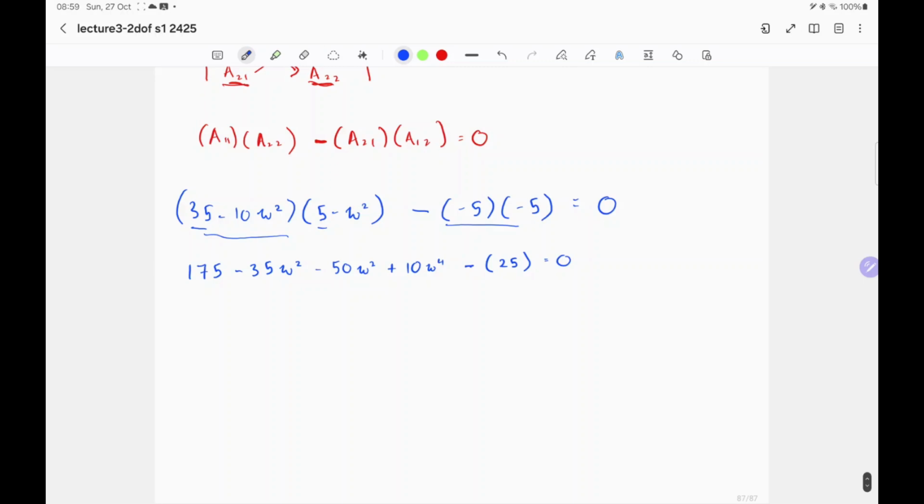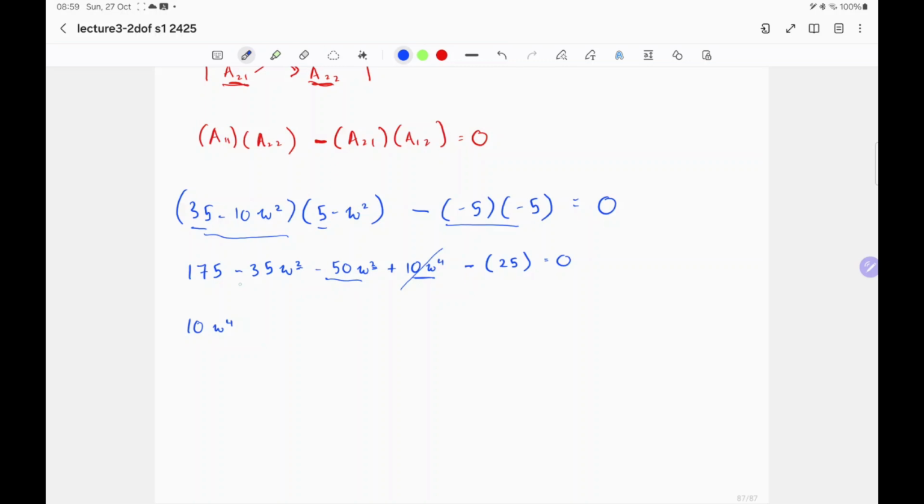So next, we simplify this equation. Remember to write the highest order first. So 10 omega to the power of 4. What I normally do is once I write it down here, I cut this off so that I remember that I already did it. So next higher order is omega squared.